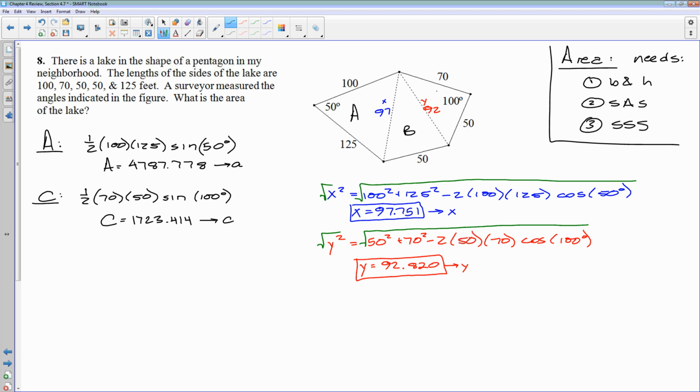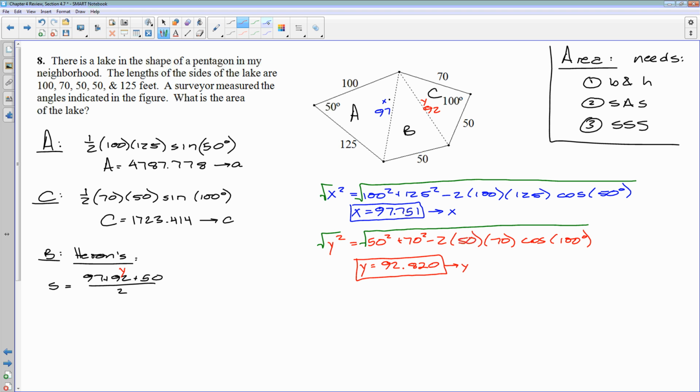The way I'm going to finish getting the area for triangle B is I have to use that side, side, side formula, which is Heron's formula. And if you remember Heron's formula, the first thing you have to find is that pesky thing called the semi-perimeter, which is 97 plus 92 plus 50, all divided by 2. It's half of the perimeter. But remember, 97 and 92 are stored for x and y.